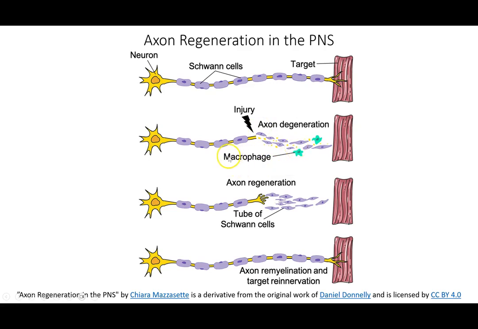It breaks down. We've got macrophages out in our tissue that come through, gobble all of that up, recycle it, and get rid of it. And then the Schwann cells come in and start guiding that axon regeneration until it reaches out to that target site again.